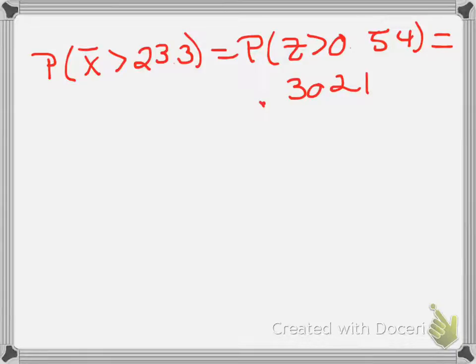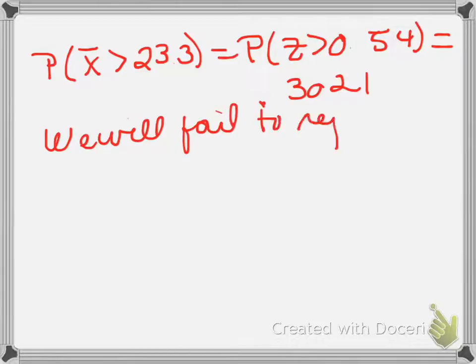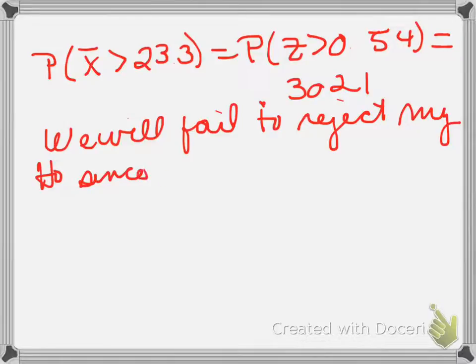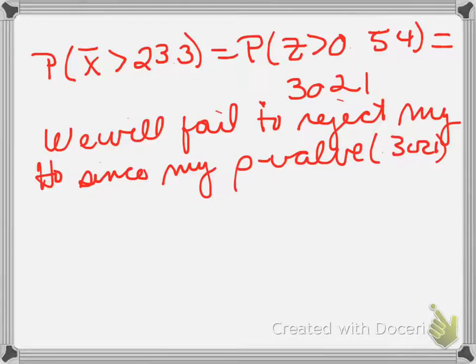So hopefully you realize that my p-value is big. I don't see any mention here of alpha. So we will fail to reject my H0 since my p-value 0.3021 is big.